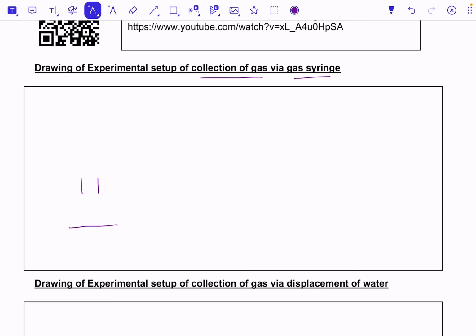So that is the beginning. Then you connect them. And then you get a conical flask. Let me adjust a little bit. So please draw using a ruler, for all of you.